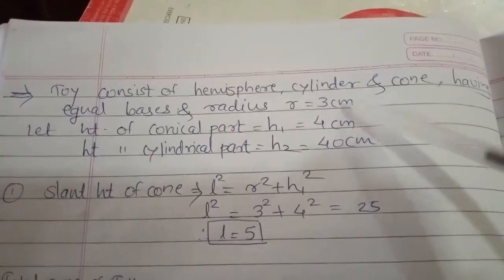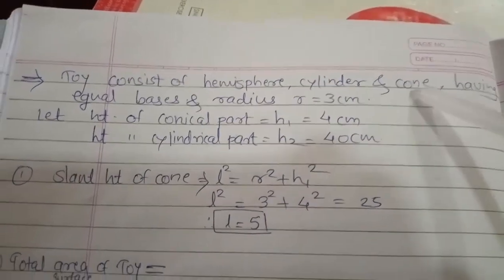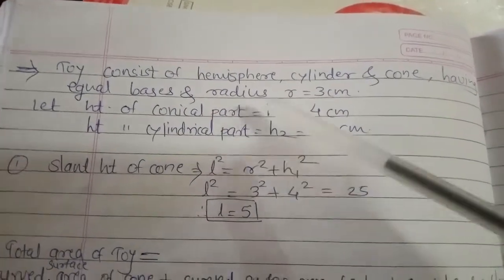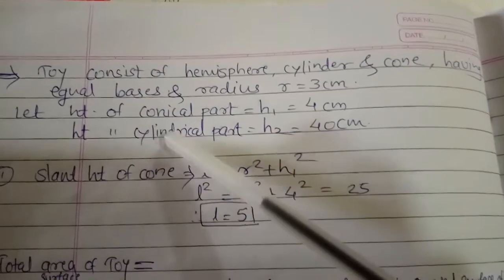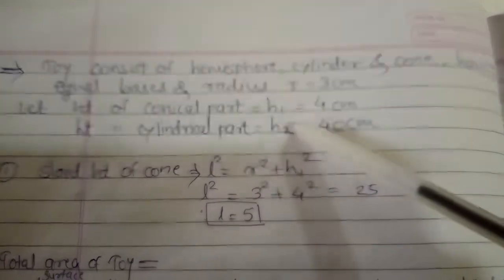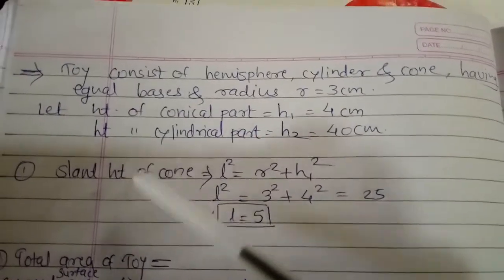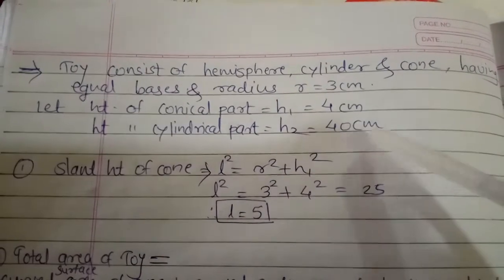So again the toy consists of these three parts, hemisphere, cylinder and cone, which have equal bases and radius, that is r equals 3. We consider the height of the conical part as h1, which is 4 centimeter, and the height of the cylindrical part as h2, which is 40 centimeter.